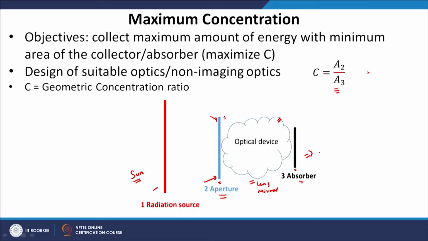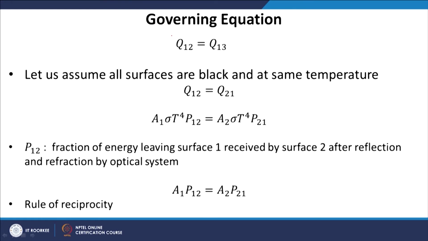From this image, the amount of radiation coming from the sun, Q1, and received by the aperture, Q12, is equal to Q13, that is what we want. Whatever radiation is received by the aperture should basically fall onto the absorber.